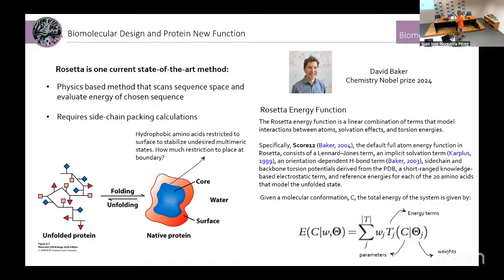The key of all this is to account for or predict how the surface amino acids are placed, how the core amino acids are ordered, and also how to estimate this boundary region. So residues that are solvent exposed, residues that are buried in the protein scaffold, and how this can be treated to correctly predict a native-fold protein structure.